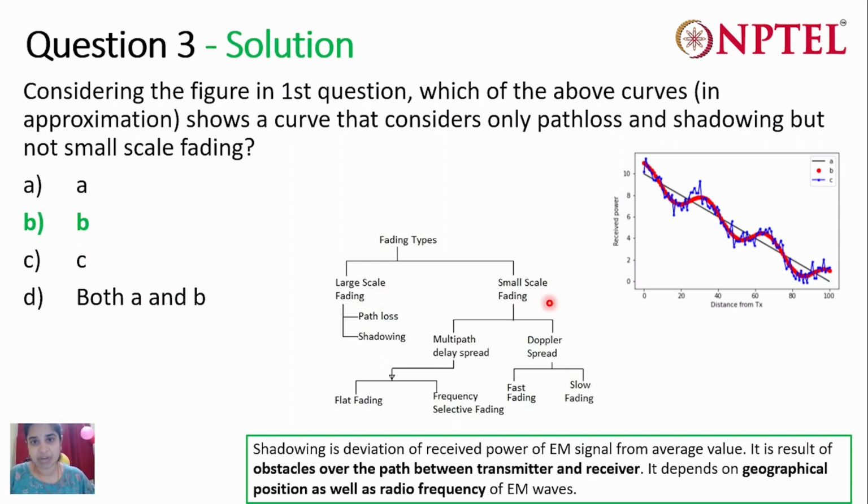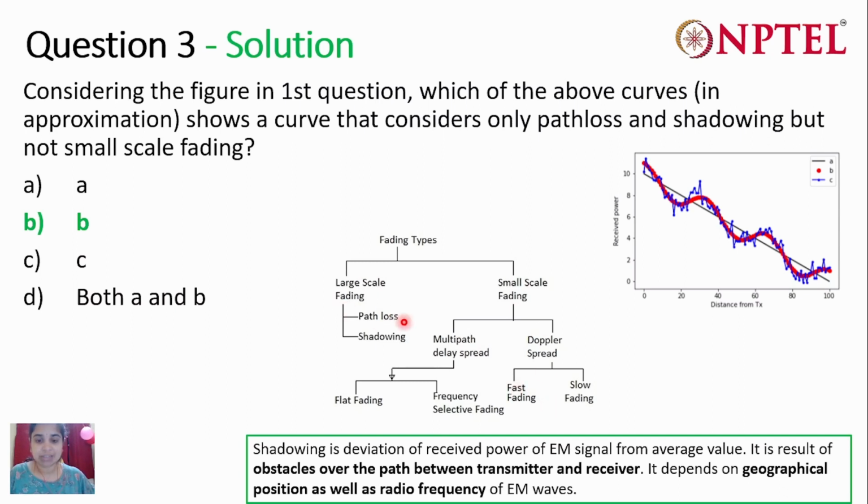But in small scale fading, we could see rapid fluctuations over a very small distance or very small time period. In small scale fading, you have two categories: multipath delay spread and Doppler spread. We'll see about these in the further questions.